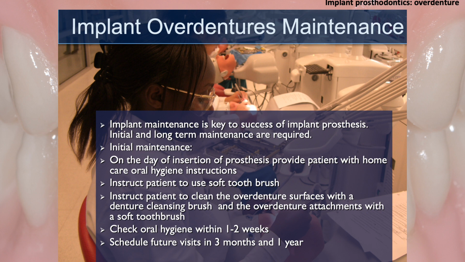So just because implants have been placed and they also integrated and the patient was satisfied receiving a nice overdenture, doesn't mean the patient doesn't need to see anyone. The patient still continues to see someone regularly for maintenance of both implants, soft tissue around them, as well as the denture itself.